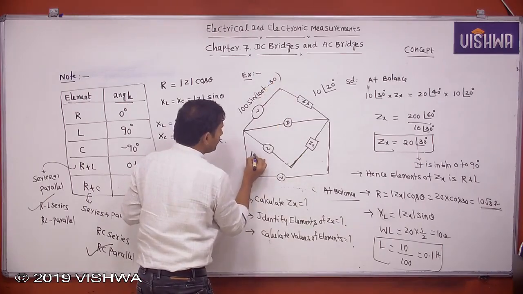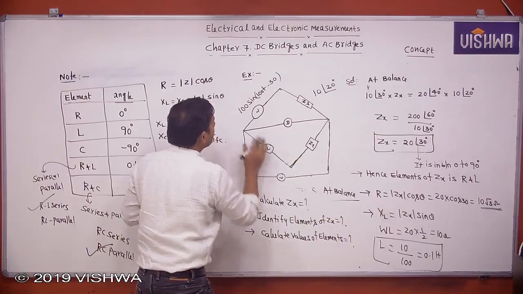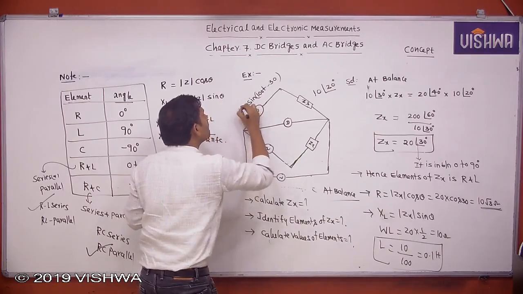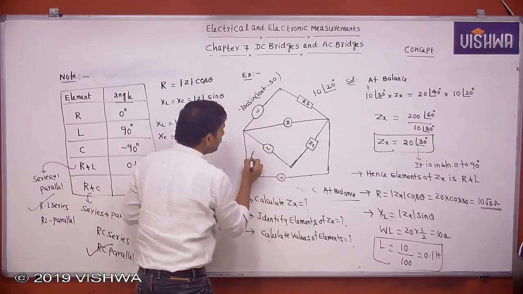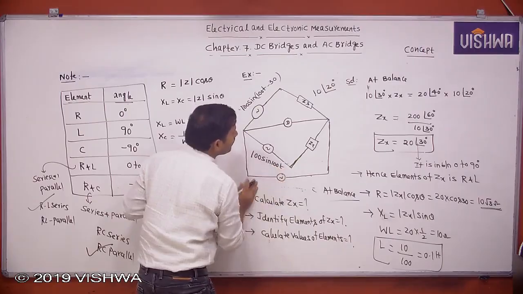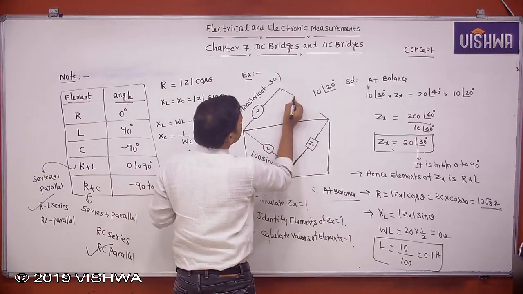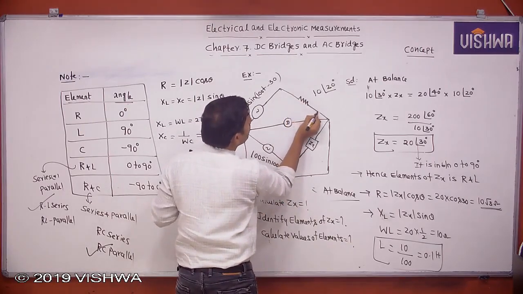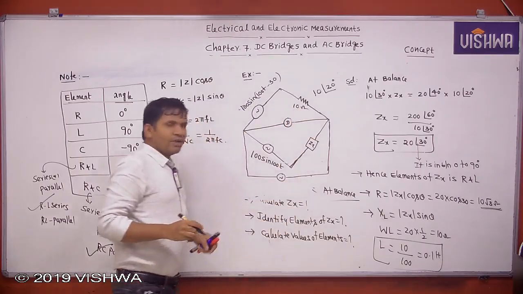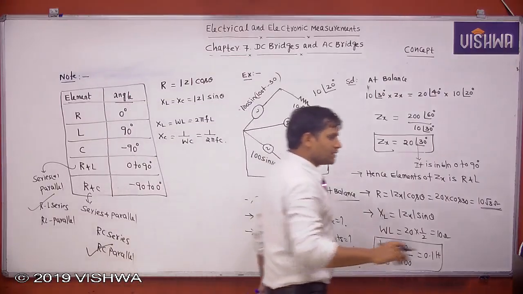This is 10 sin 100t, and you take 100 sin 100t minus 30. This is 100 sin 100t. Okay, let this resistance be equal to 10 ohms. Now if it is asked, what are the elements of ZX?